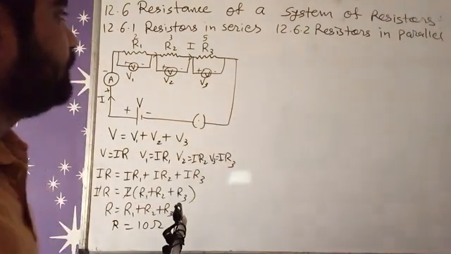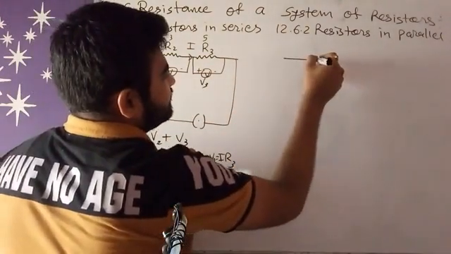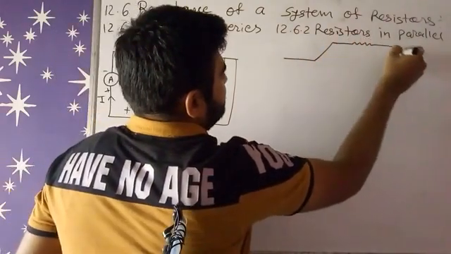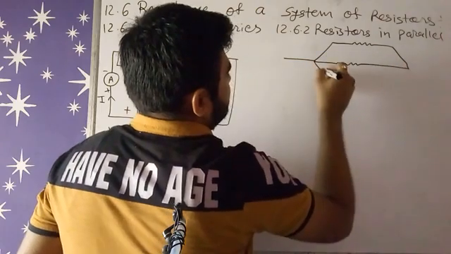Now we are moving on to the second type of resistance combination. Now the combination is slightly changed. Now we have this type of parallel connection, another resistance, and the third one here.